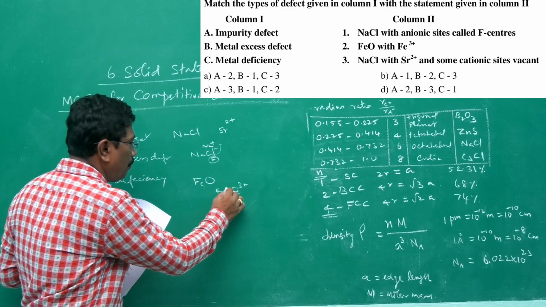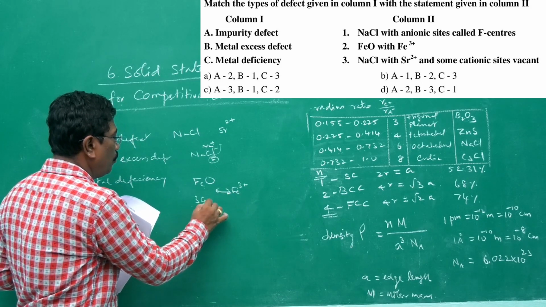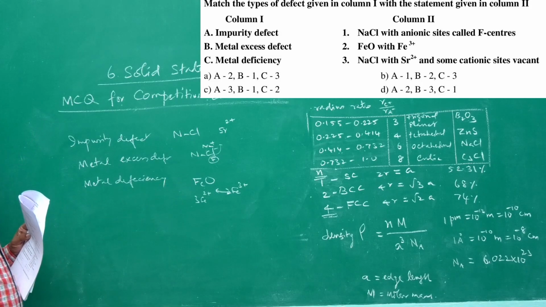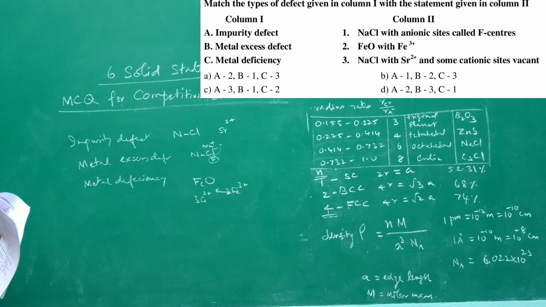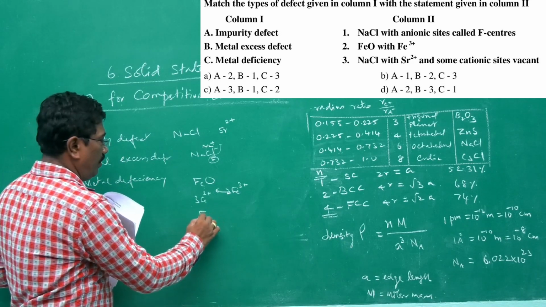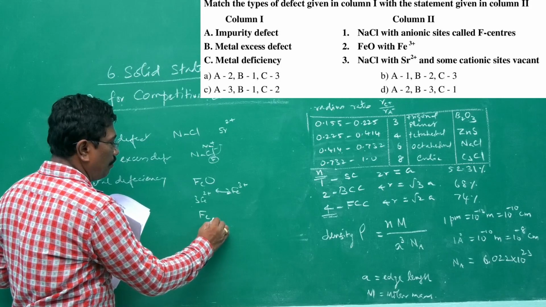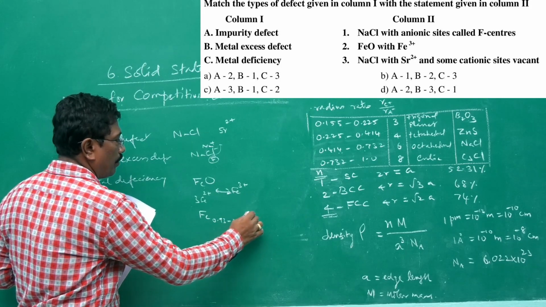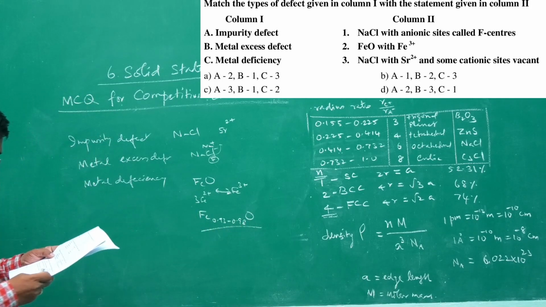If 2 Fe3 plus ions come in, 3 Fe2 plus has to be removed. Only then the charge will be managed. It is because of that we will be finding deficiency of metal. We have seen already Fe to the extent of 0.93 to 0.98 only will be available instead of 1, and oxygen. It is a metal deficiency defect.